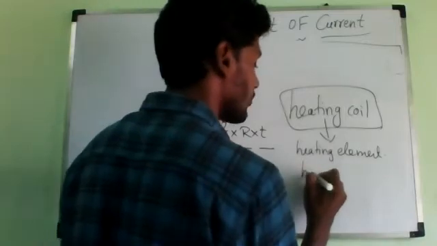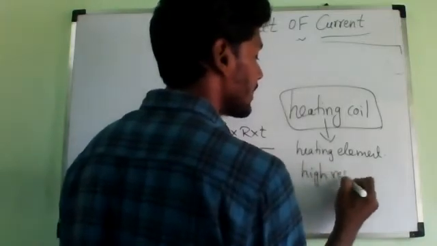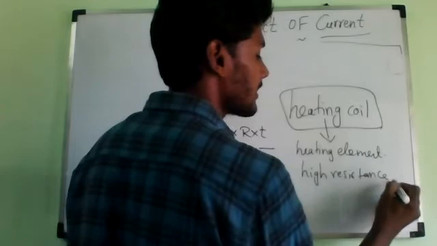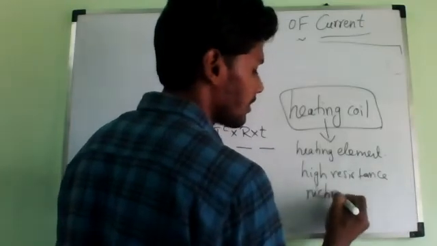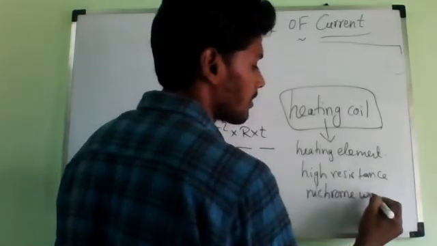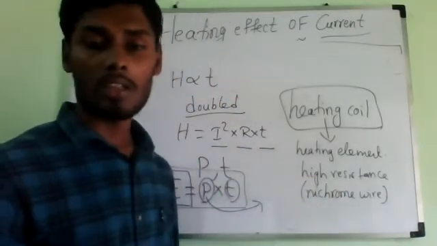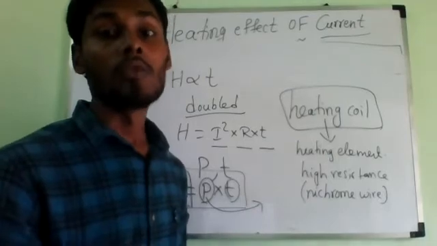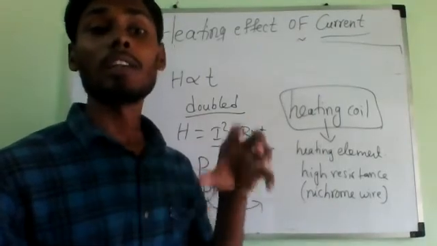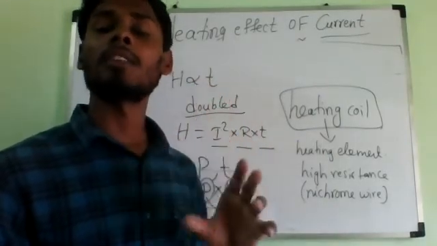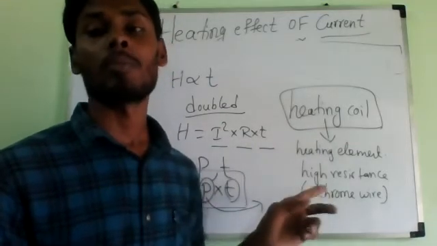The wire which has very high resistance, for example, nichrome wire. Understand? We have many, but the best cost effective one is nichrome wire, which helps in converting most of the electrical energy into heat energy. That is the main purpose.